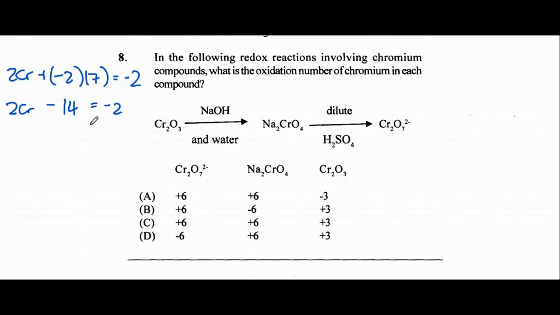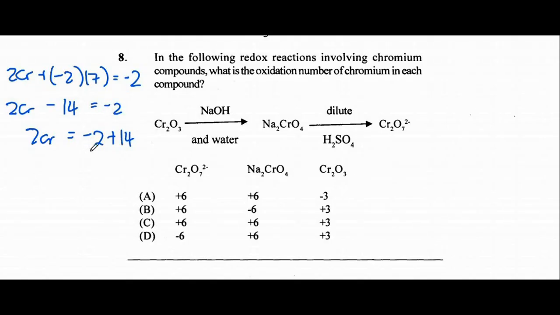Add 14 to both sides, and you'll have 2Cr is equal to -2 plus 14. I skipped a step: it would be 2Cr minus 14 plus 14, and those 14s would cancel out, equal to -2 plus 14.